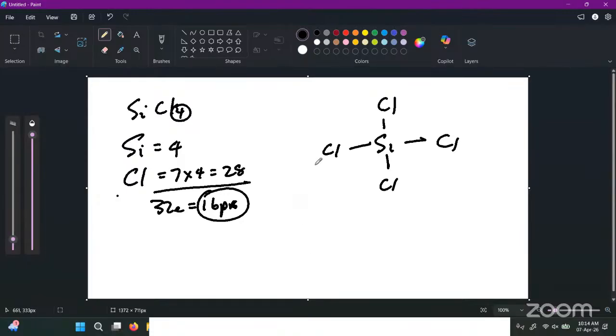For the surrounding pairs. Okay, so 5, 6, 7, 8, 9, 10, 11, 12, 13, 14, 15, 16. So we're using all 16 pairs. So therefore, that would be the Lewis structure of silicon tetrachloride. All right, very good.